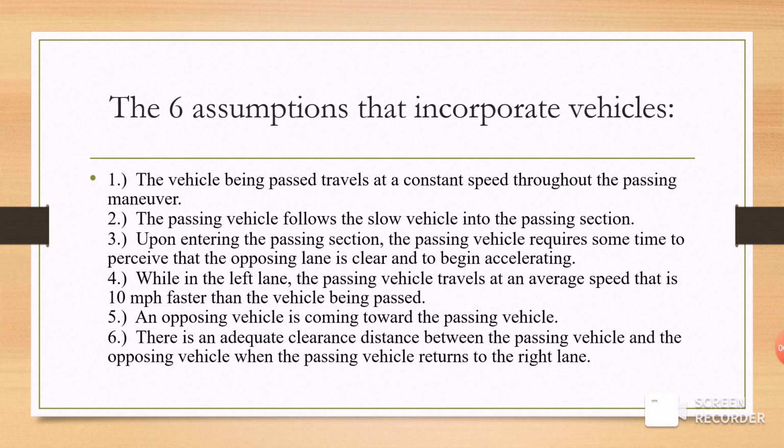Fourth, while in the left lane, the passing vehicle travels at an average speed that is 10 miles per hour faster than the vehicle being passed. Fifth, an opposing vehicle is coming toward the passing vehicle. And lastly, there is an adequate clearance distance between the passing vehicle and the opposing vehicle when the vehicle returns to the right lane.